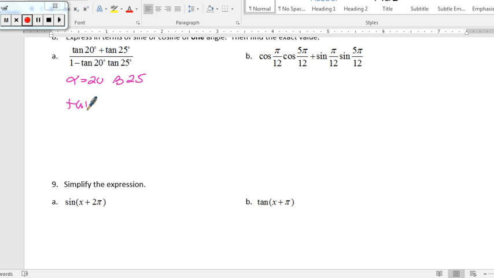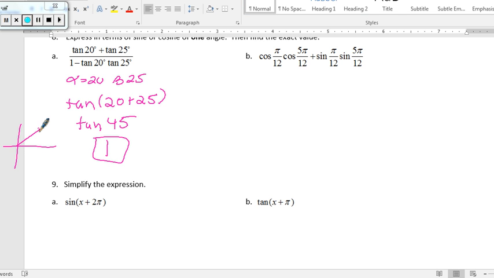So this is really the tangent of 20 plus 25, which is the tangent at 45 degrees, which would get us 1 when we go to y over x and the coordinate square root of 2 over 2 for a 45-degree angle.